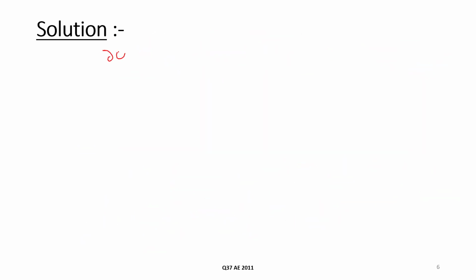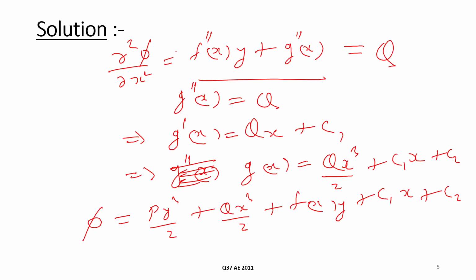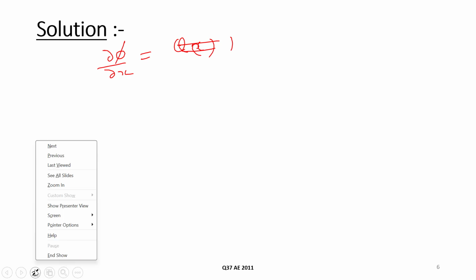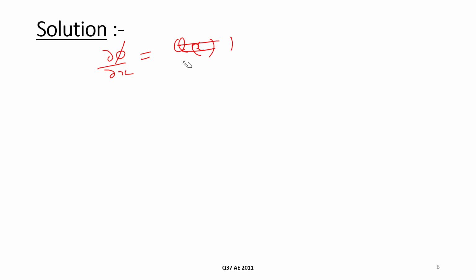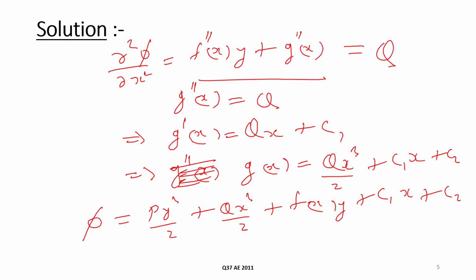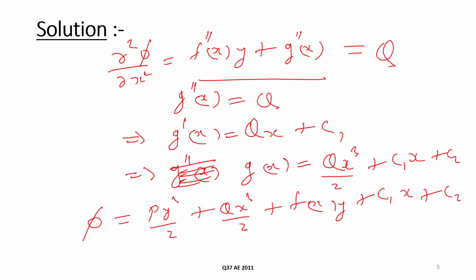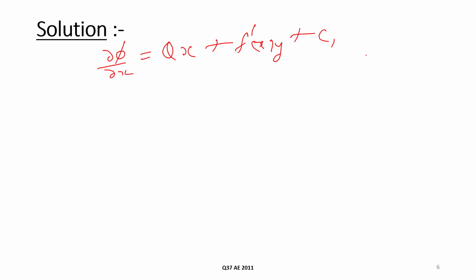So we will get ∂φ/∂x equal to, this term will be 0, this will be qx, this will be f'(x)·y, and this will be c1, and the last term will be 0.